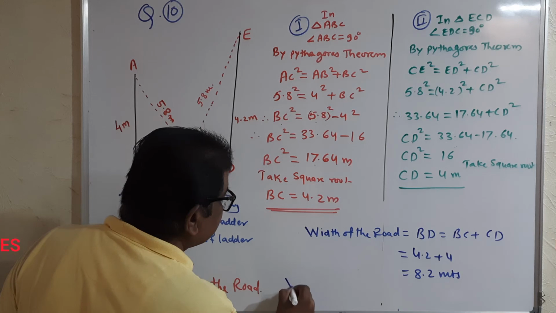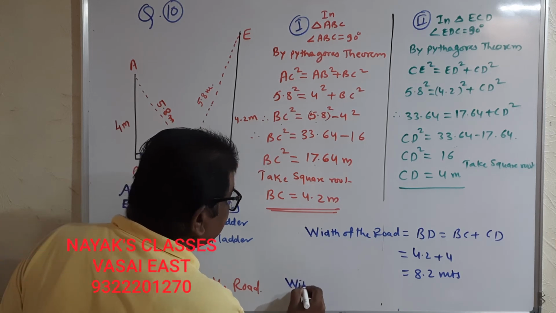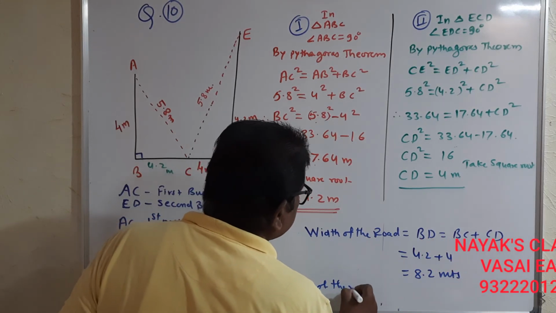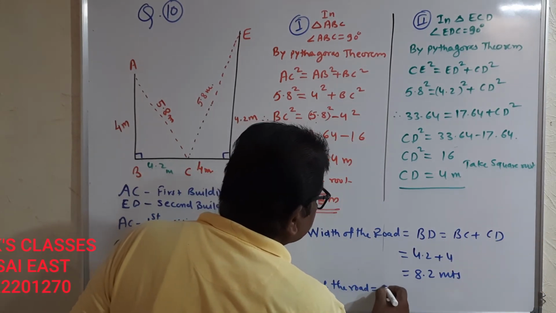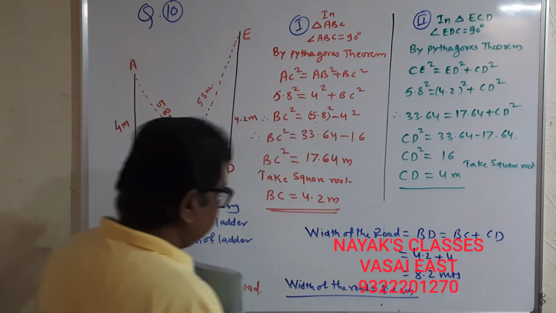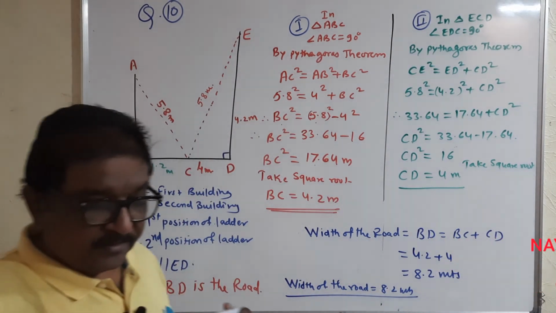So the final width of the road is equal to 8.2 meters. Correct?